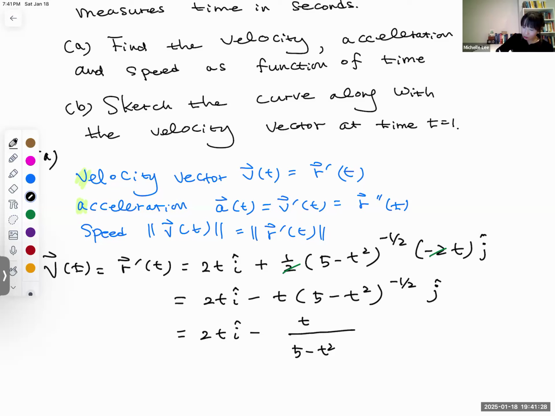Because we want to find acceleration next, this is the one.